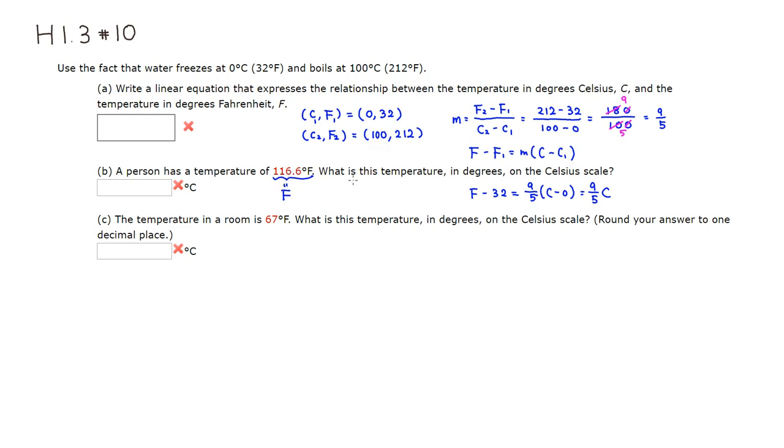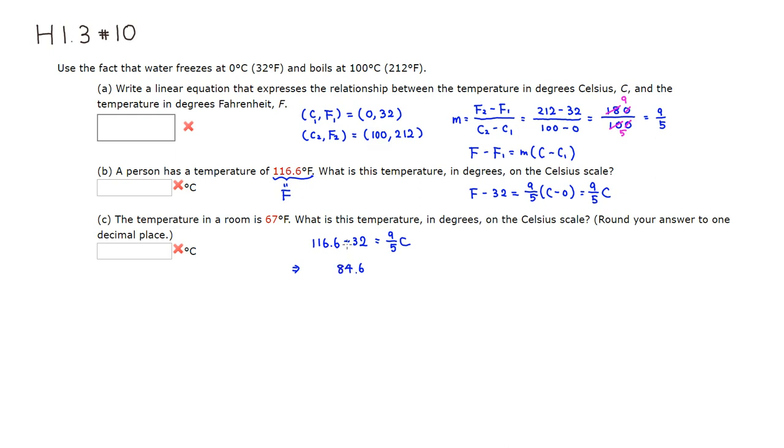So we just have to plug this number in and then solve for C. So you have 116.6 minus 32 is equal to 9 over 5 C. This gives us 0.6 there, then 6 minus 2 is 4, and 11 minus 3 is 8.